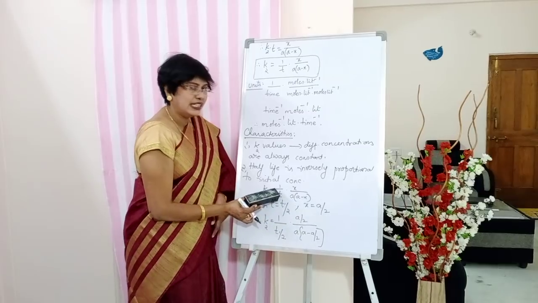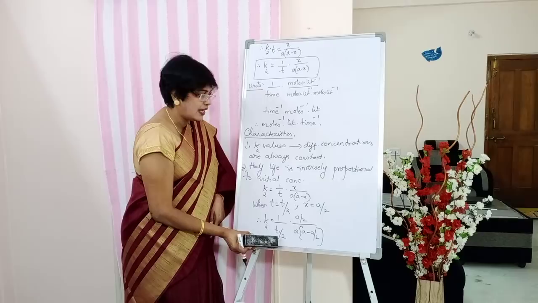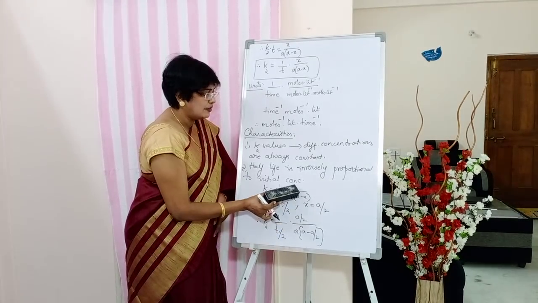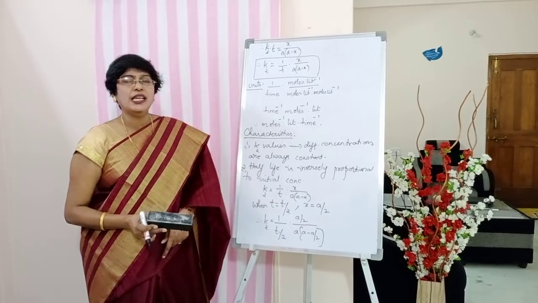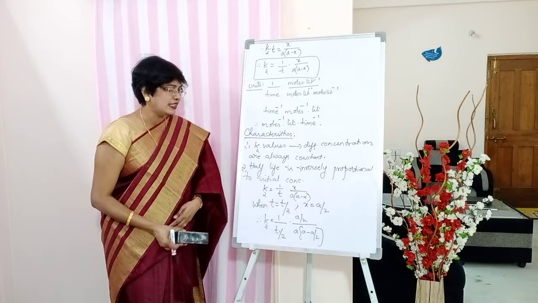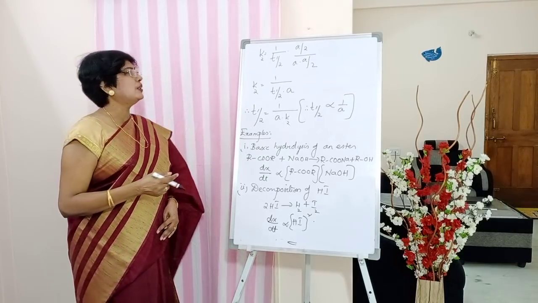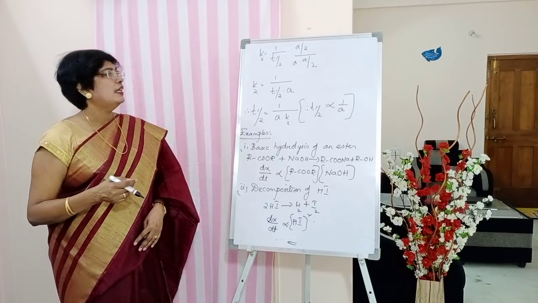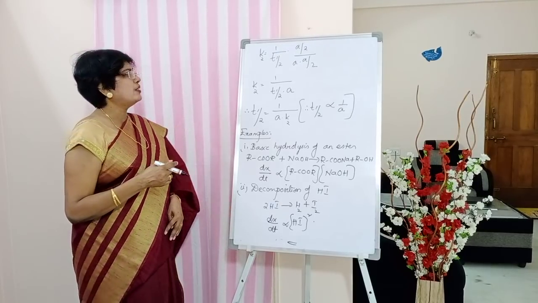Substituting these values in this expression, K2 is equal to 1 by T half into a by 2 divided by a into a minus a by 2. A minus a by 2 is nothing but a by 2. If you can write the next step, students: K2 is equal to 1 by t half into a by 2 by a into a by 2. So a by 2 gets cancelled.